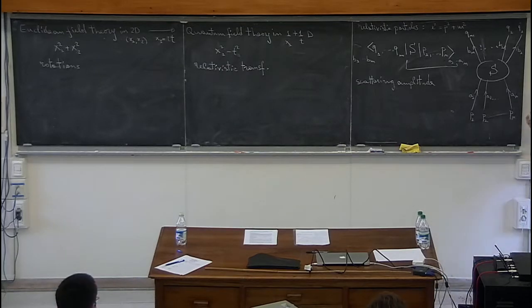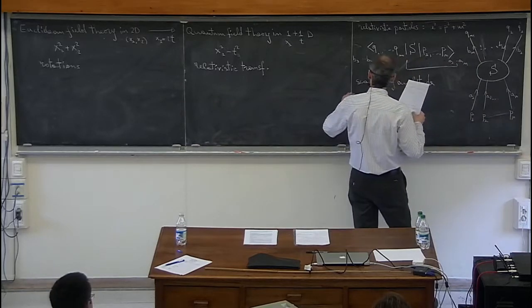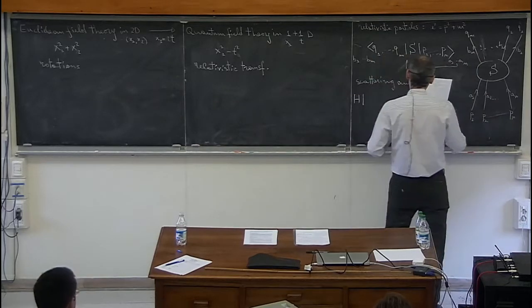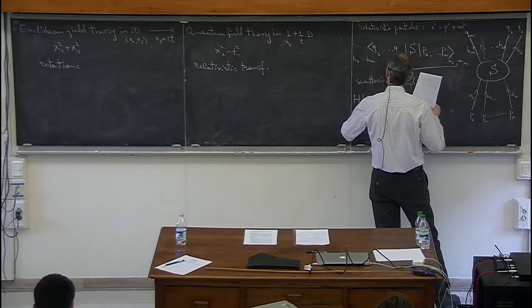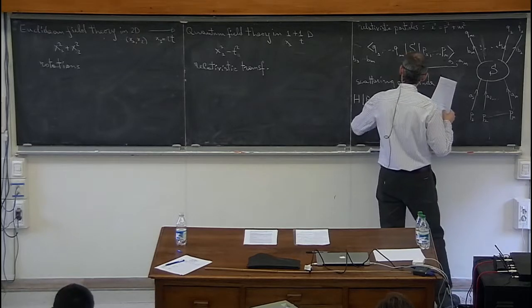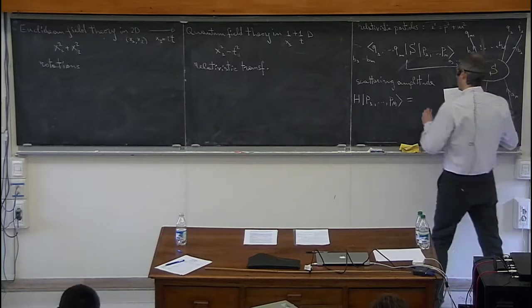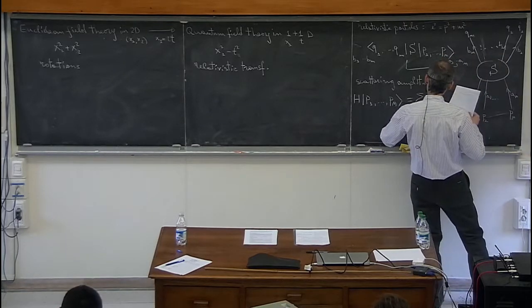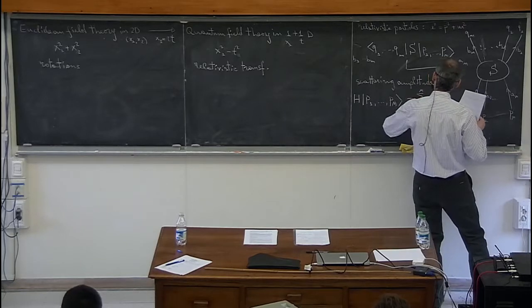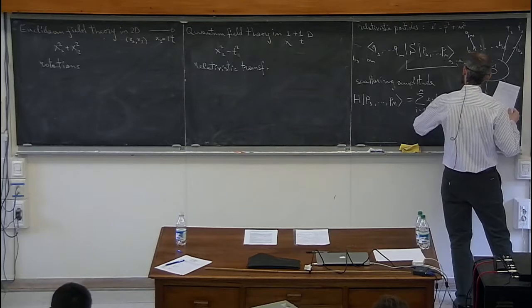And since we are at t equal minus infinity, the particles in these asymptotic states are very far apart from each other. And they are eigenstates of the energy of the quantum system with an eigenvalue which is just the sum of the energies of the individual particles.